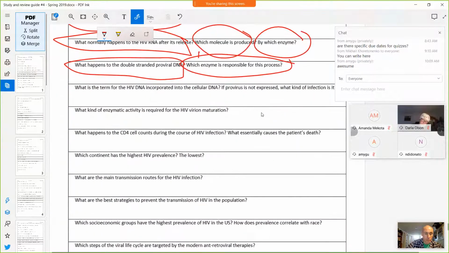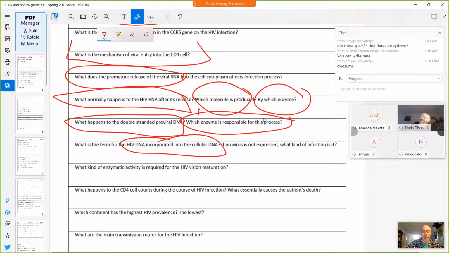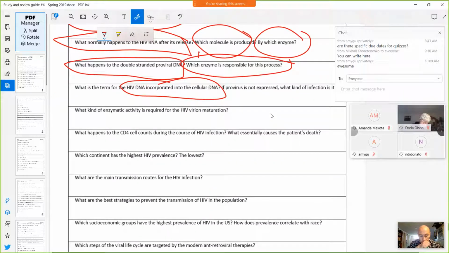So HIV that's incorporated into cellular DNA is called a provirus, and a provirus may not be expressed, and that is a latent infection, but eventually it gets expressed, producing viral proteins and copies of viral RNA.